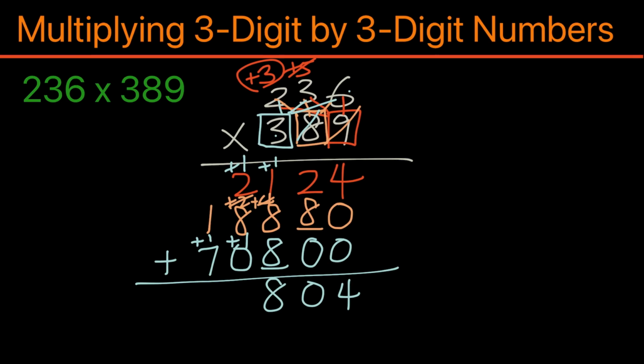And then you have 1 plus 2 plus 8 equals 11. So 11. These two are already done, so we're going to cross them out to avoid any confusion. Then we have 1 plus 7 plus 1, that equals 9. So our final answer is 91,804.